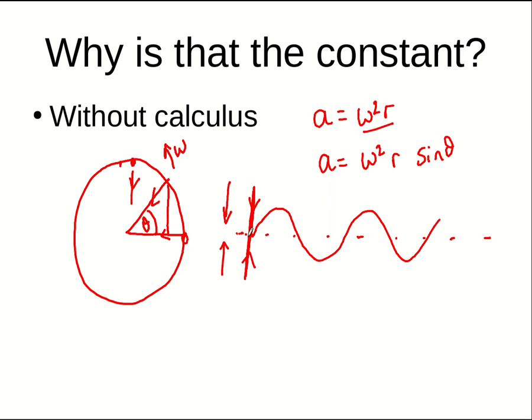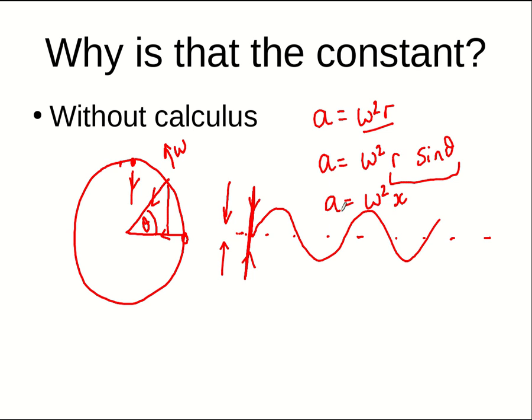Okay, at the centre it's not accelerating at all, and at the extremes it's accelerating with this value here. But we also know that this term here is the displacement from the equilibrium position, this height here. So we can replace that with a equals omega squared x.